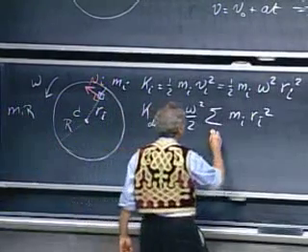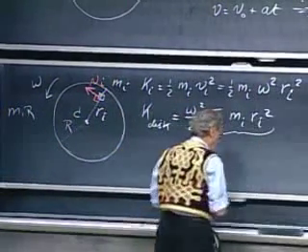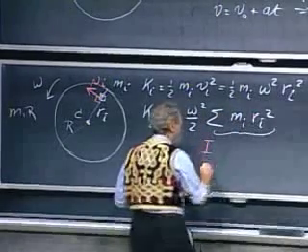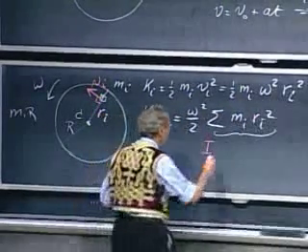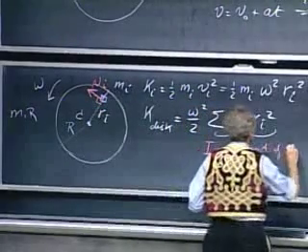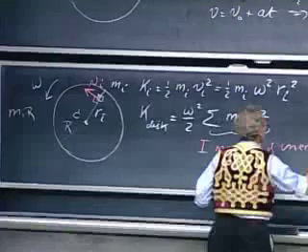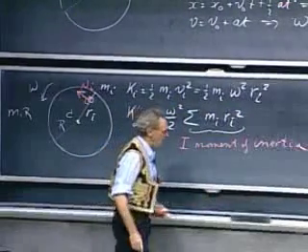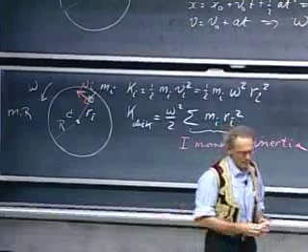And this now is what we call the moment of inertia I. Don't confuse that with impulse, has nothing to do with impulse. And this is moment of inertia. So the moment of inertia is the sum of m i r i squared.